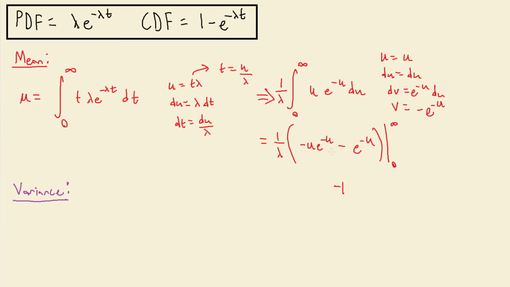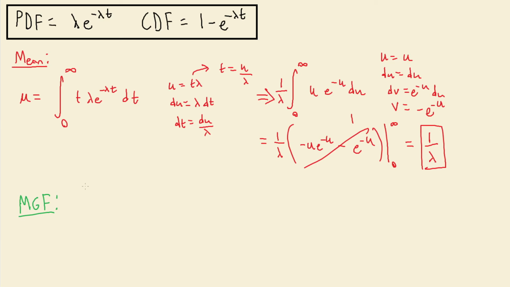And if I evaluate this at infinity, this is going to go to 0, and this is going to go to 0. And so evaluated at infinity, this is going to be equal to 0. And then we're going to minus it evaluated at 0, which is negative 1. And so this whole integral is just going to go to 0. Or go to 1. This integral is just going to evaluate to 1. Okay, I think I got that straight. And so if this goes to 1, then the mean of this distribution is going to be equal to 1 over lambda. Okay.